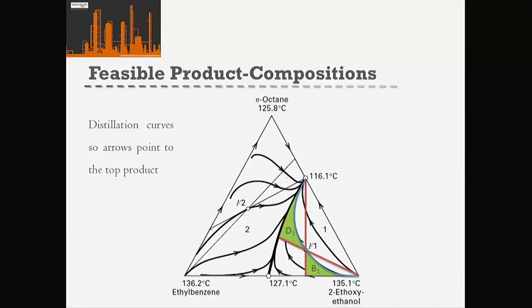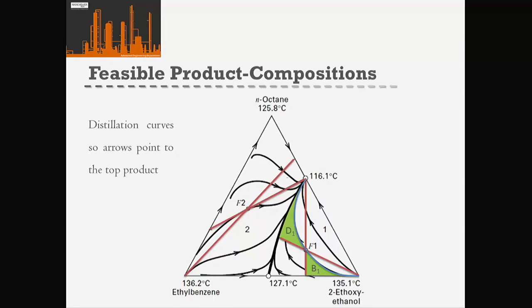If we want to, we can also repeat this exact same process for this feed 2 up here. So again, we think about our extreme bottom product and our extreme top product.